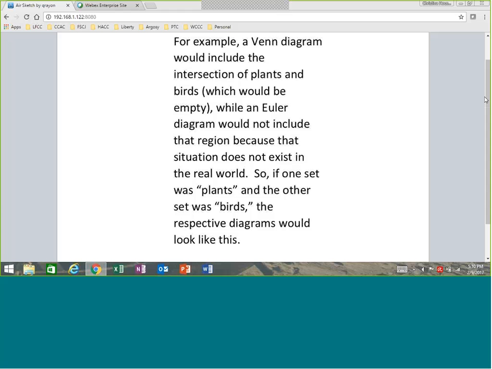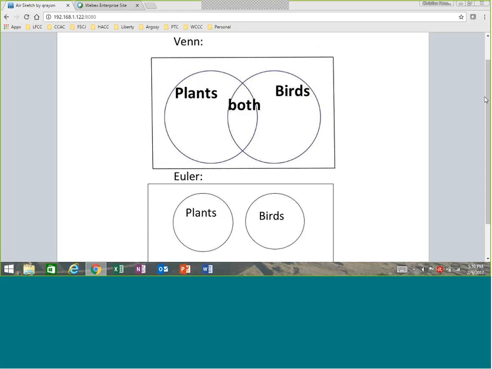So just to give you an example of what the diagrams would look like, the Venn diagram would have the region where plants and birds intersect, where they're both, included in the picture. But for the Euler diagram, that region with both plants and birds is not included because there's nothing that would go there. It would be empty. So the Venn diagram includes that region because even though it's empty, it's still there. The Euler diagram leaves that off.